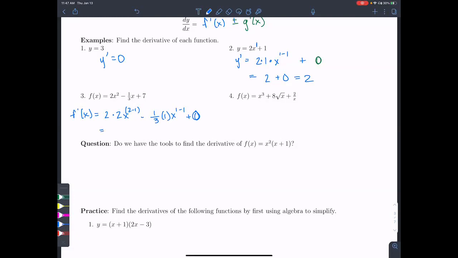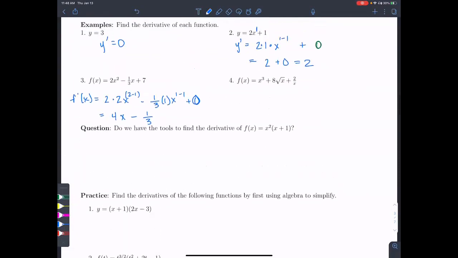So this is 4 times x minus just 1/3, because that would be x to the 0 plus 0.